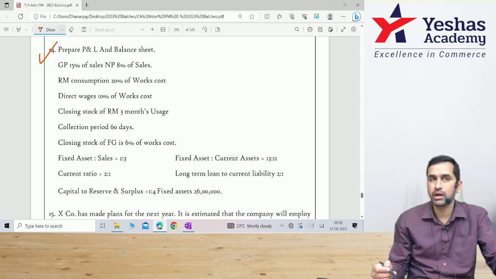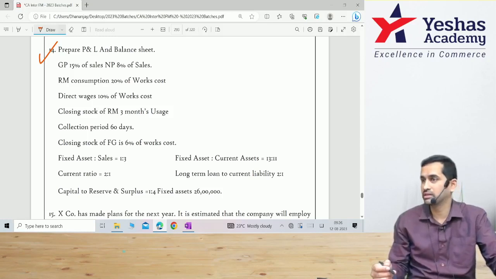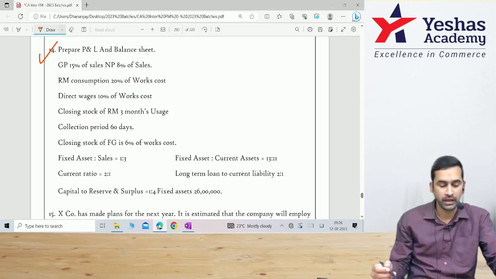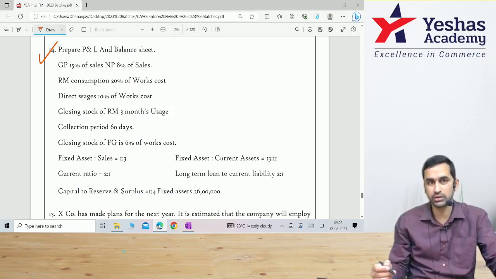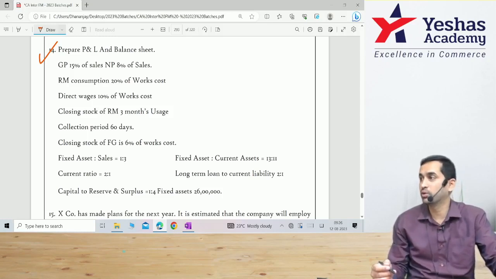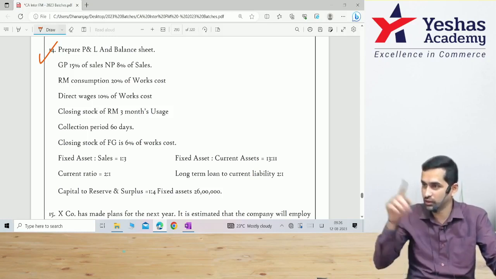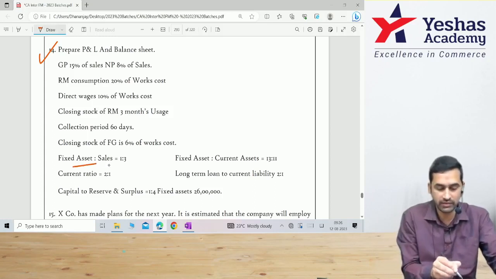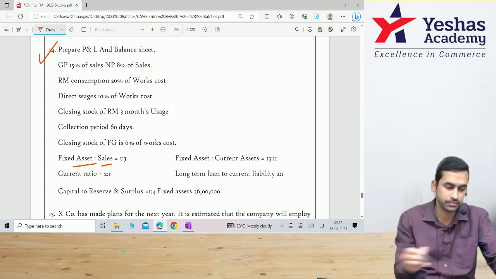By the way, observe here, this is not asset turnover. Asset turnover is turnover by asset. But here it is asset divided by turnover. That is why they did not give it as ratio. They gave it as fixed asset is to sales 1 is to 3. Because if they say asset turnover ratio, we will understand this as turnover by asset. But here it is asset divided by turnover.